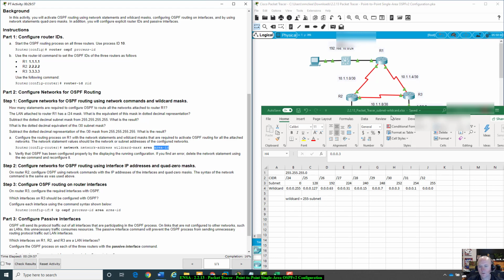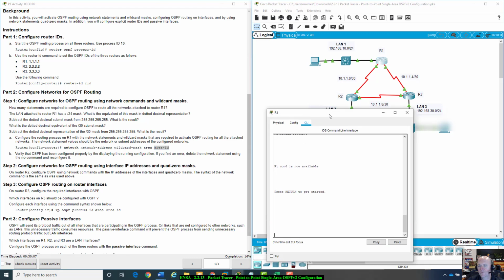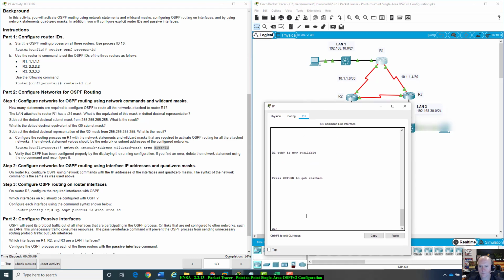So let's get to it here. It says configure router 1. For the network address, we'll start with LAN 1.